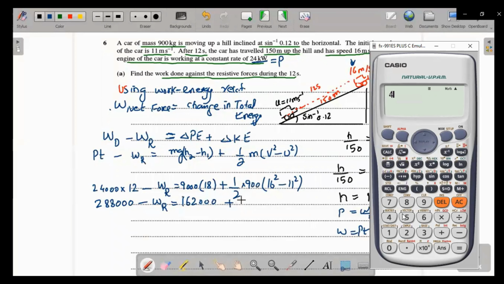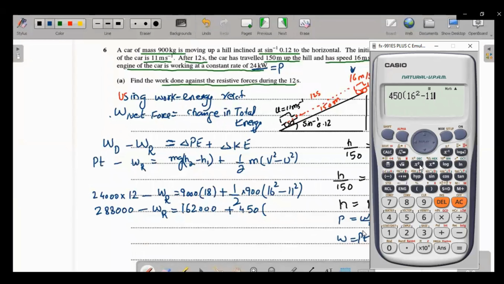And the same with 16 square minus 11 square, we see that 450 multiplied by bracket 16 square minus 11 square, we get the value 60,750.